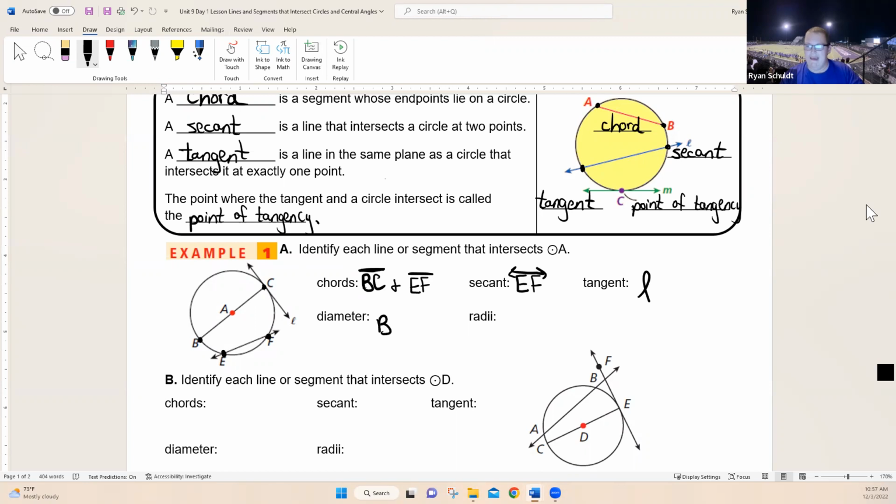So BC is the diameter. And then the radii. Remember, our radius goes only halfway across the circle. So we actually have two. We have AC and we have AB. Those are our radii.